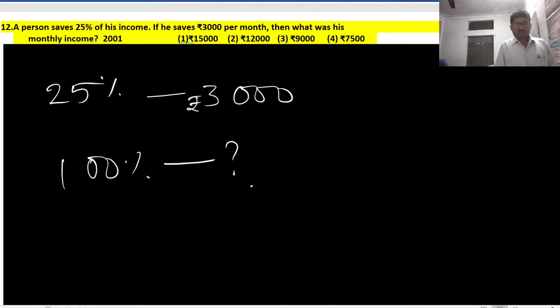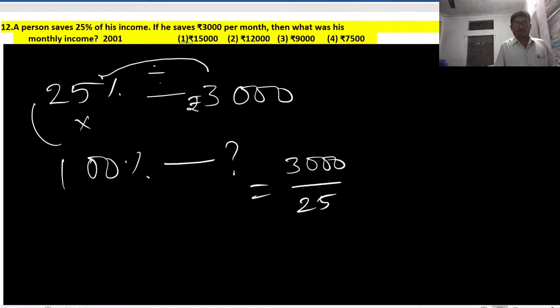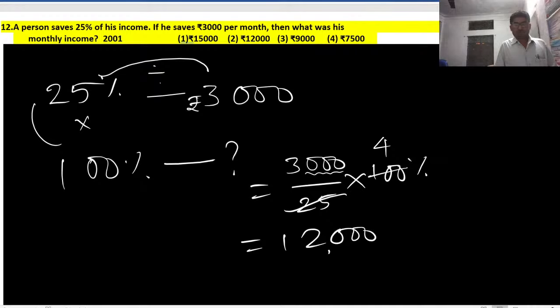We use the unitary method: 3000 by 25 into 100%. 25 ones are 25, 25 fours are 100, 3 fours are 12. You have to keep these 3 zeros. So 12,000 is the total income. 12,000, option 2.